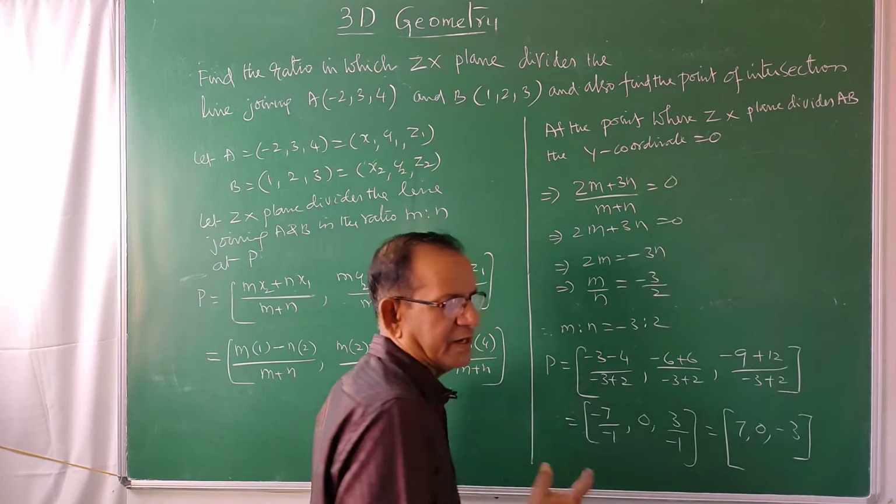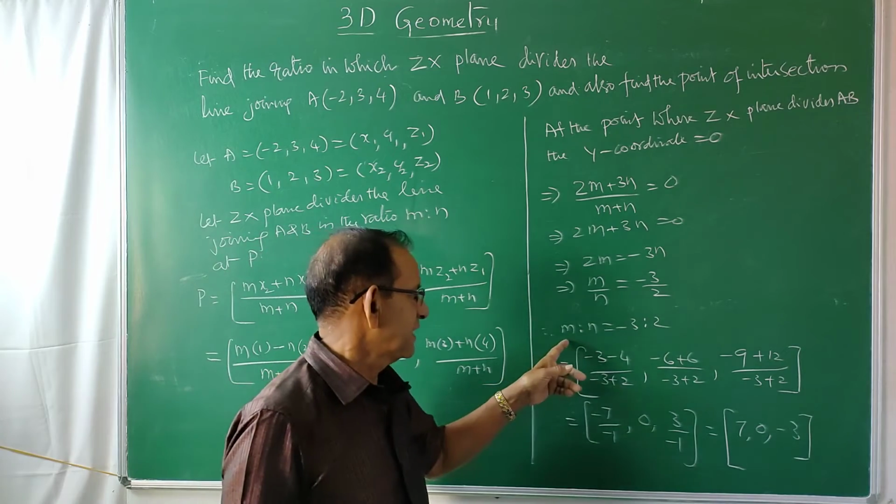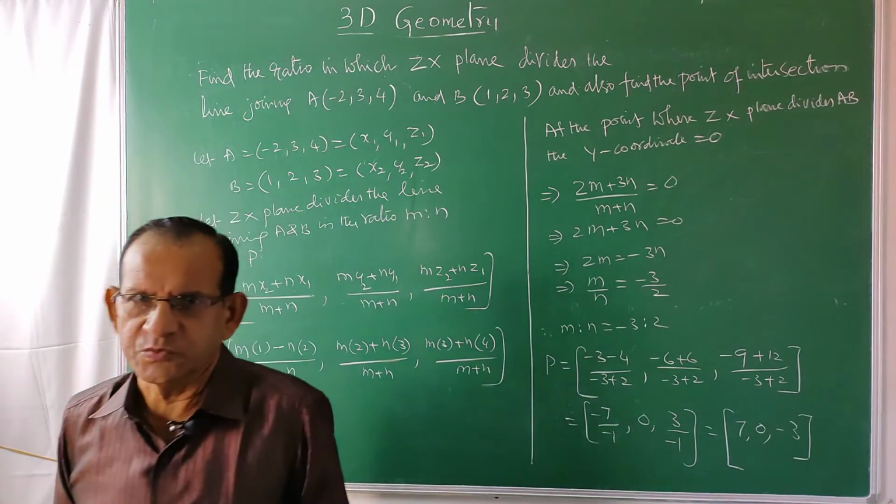So P = (7, 0, -3), the point on the ZX plane. At that point it is dividing the given line AB in the ratio -3:2.